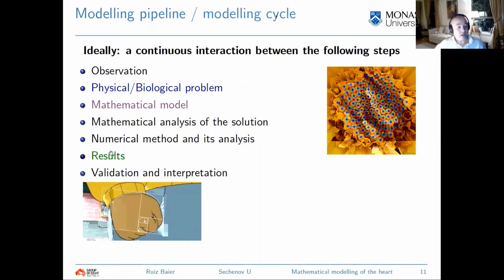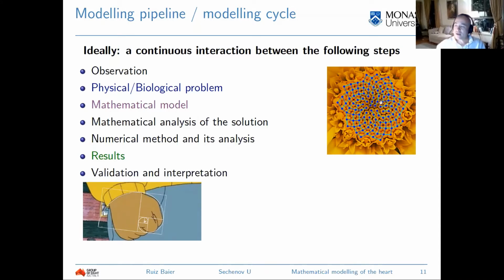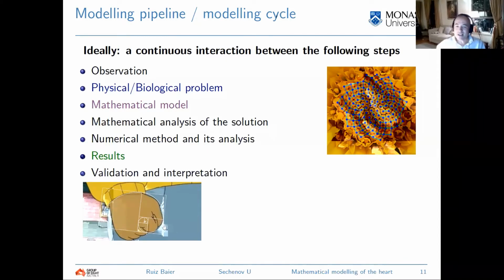Then we can eventually compute and generate results, and once we have those results, we need to see if they match the expected outcome of a given model, right? So that's the step of validation and interpretation of our results. We can see patterns here in this flower, and we can see patterns also in, let's say, art.